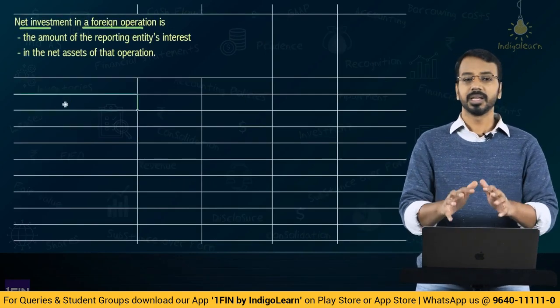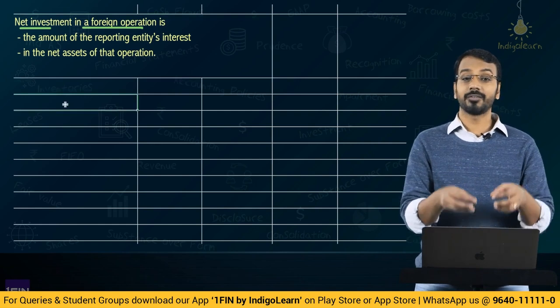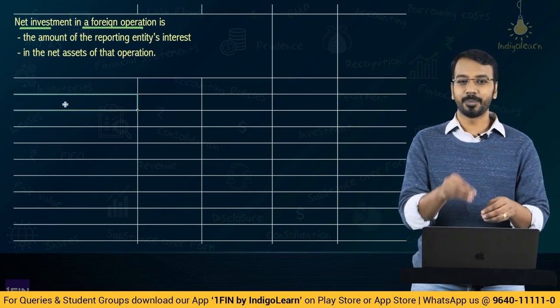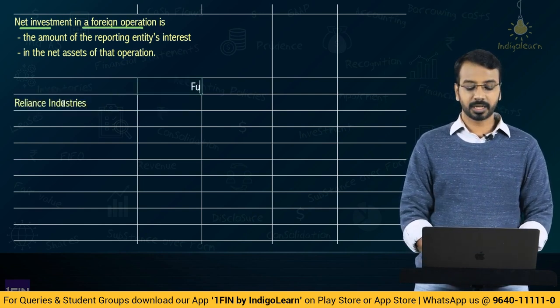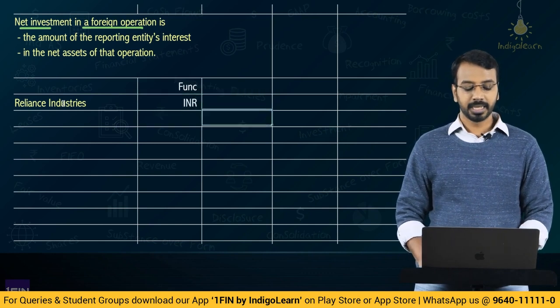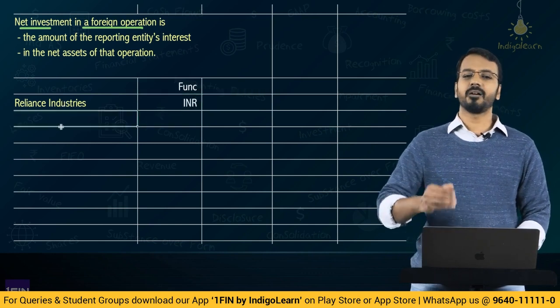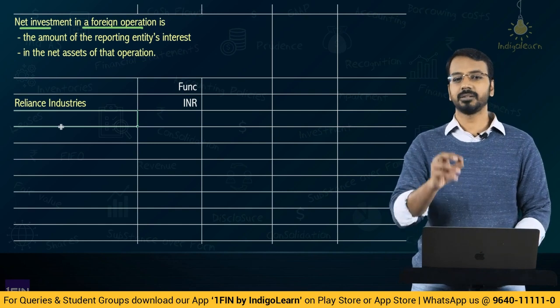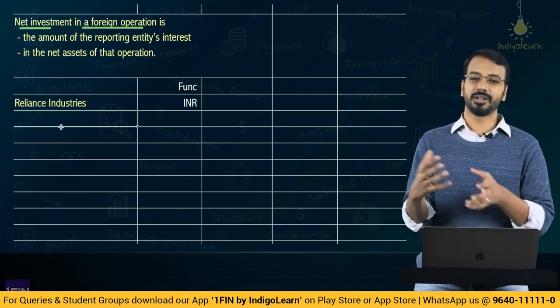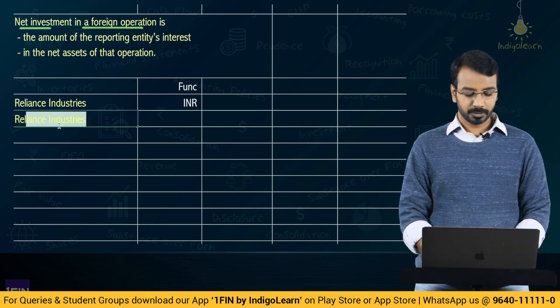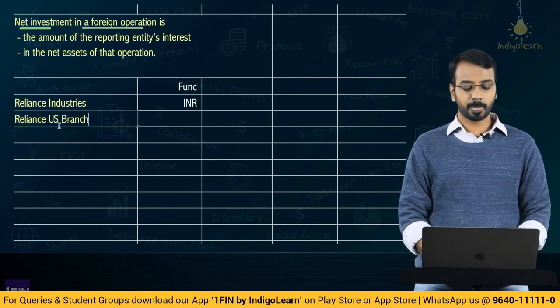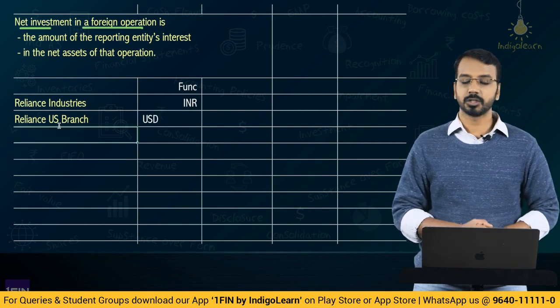To put it very simply, say for example, you have a company based out of India, let's say it is Reliance, and the functional currency is INR, and Reliance Industries has a branch outside India. It can be a subsidiary or anything. It has a foreign operation. Let us say it has a branch, Reliance US branch, and the functional currency of that branch is USD.